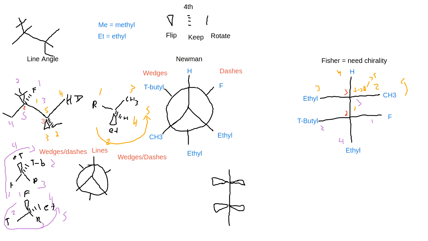So if we do priority, we should get R, but we're flipping it, so we got S, so this should stay as S, or we don't have to flip anything. And if you notice, this time our wedges and dashes are on different sides, and that's why I said that only applies to Newman, and in Fischer it can be different.